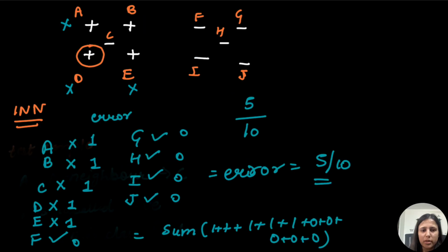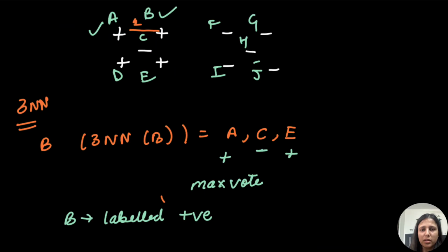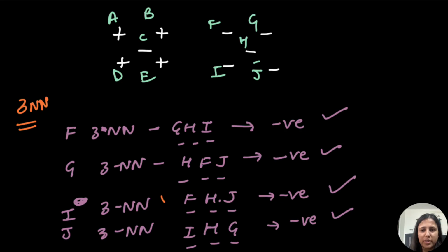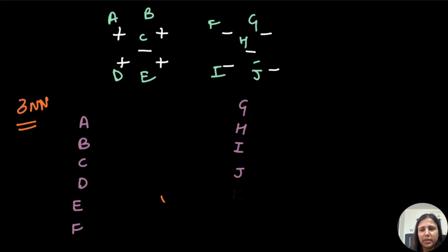In 3NN we saw that A was classified correctly, B was classified correctly, D and E were classified correctly, but C was misclassified, and all of F, G, H, I, J were classified correctly, right?